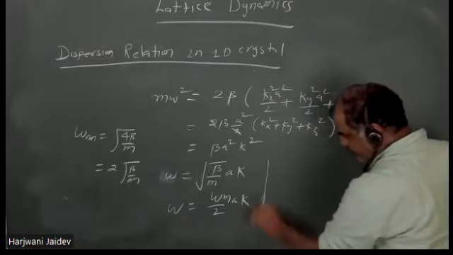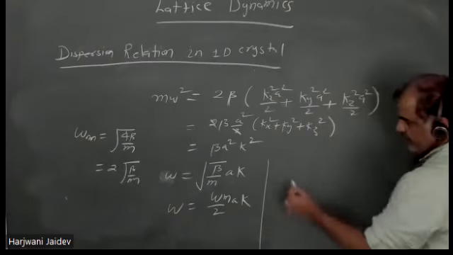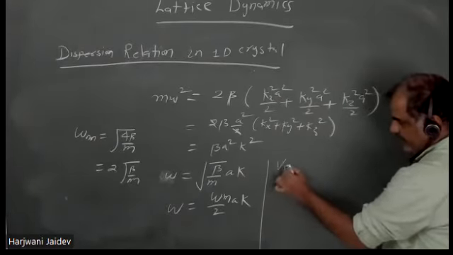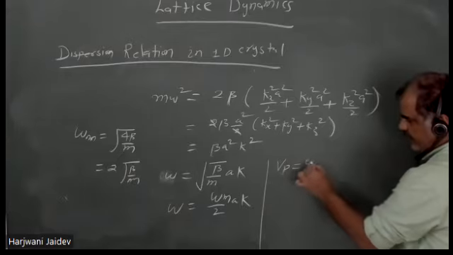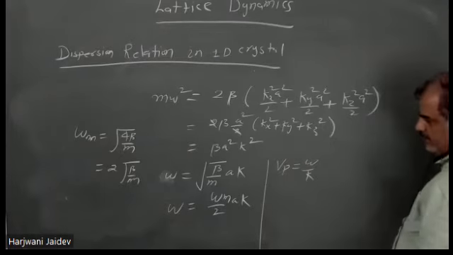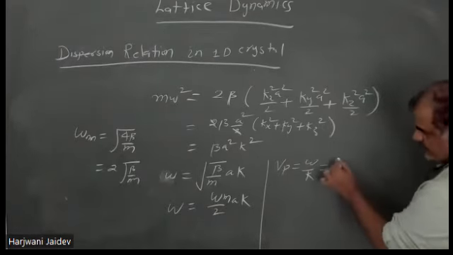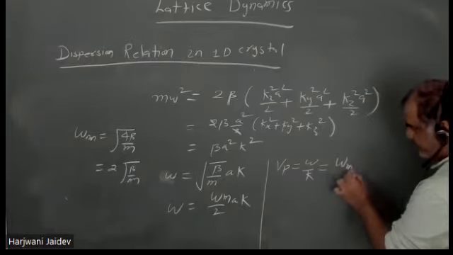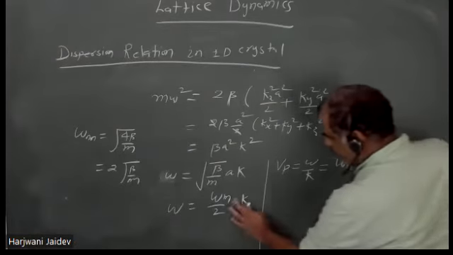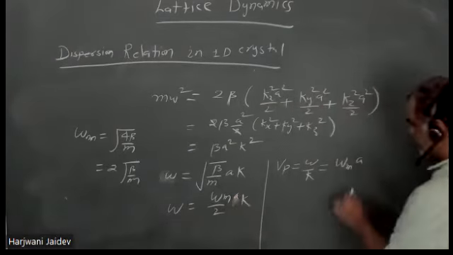So if we calculate the phase velocity vp, that will be omega by k, that is vm a by 2.